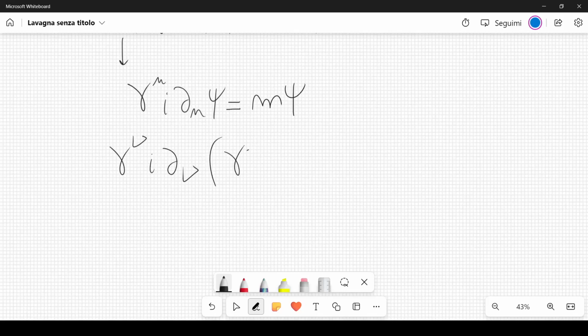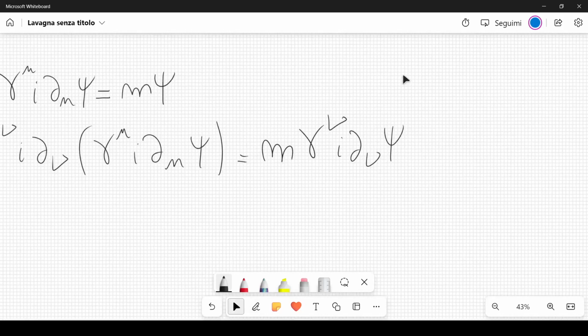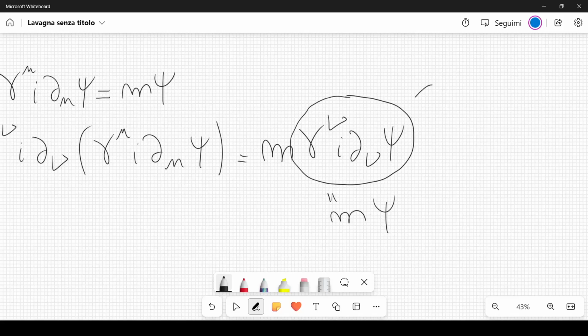So here I have gamma nu i del nu gamma mu i del mu psi, and then here I have m gamma nu i del nu psi. But now it's easy to see that this part here will be equal to m psi, because remember that psi should satisfy this equation here.